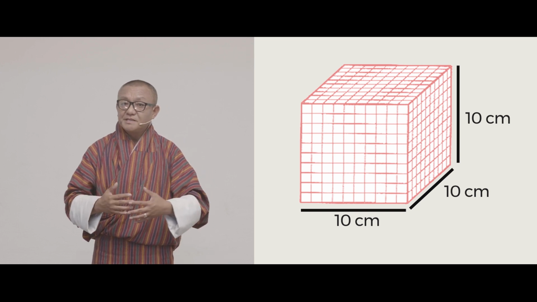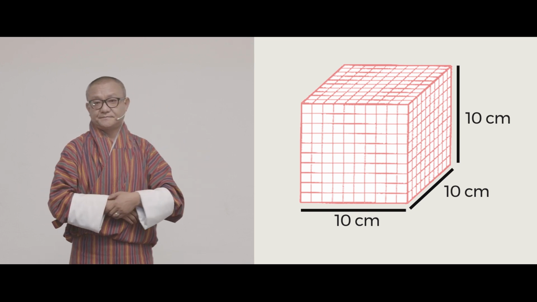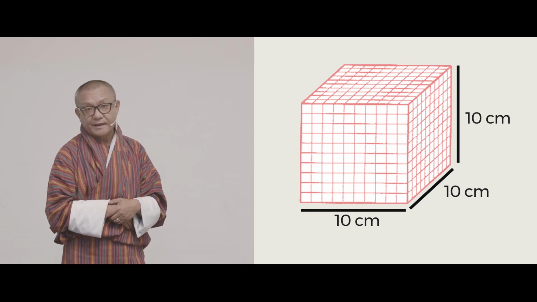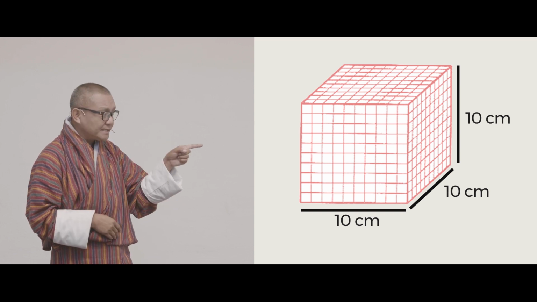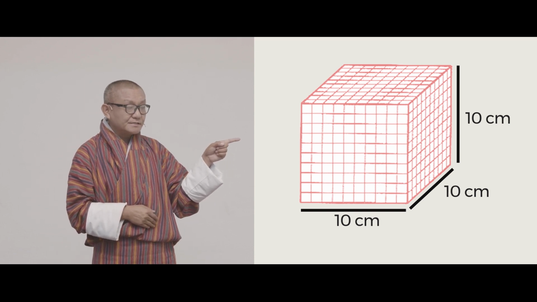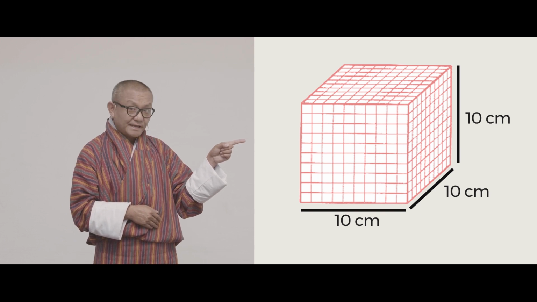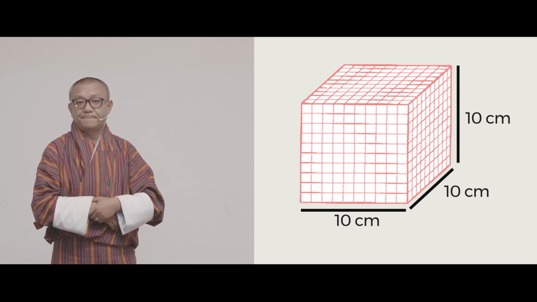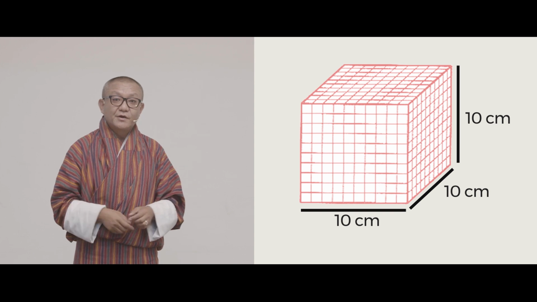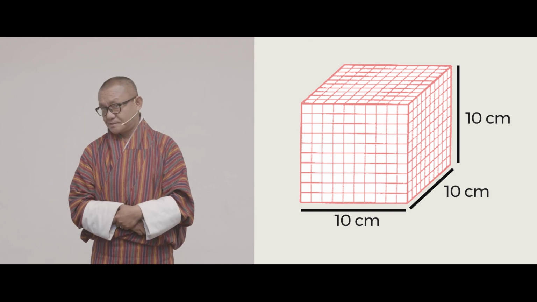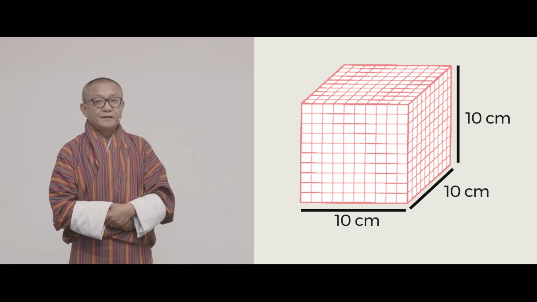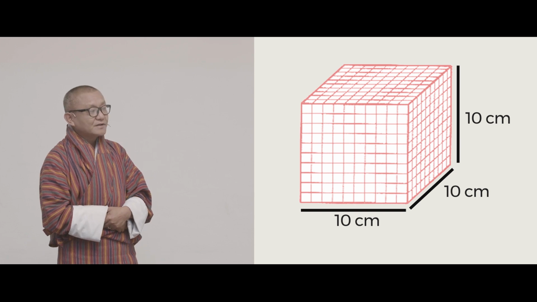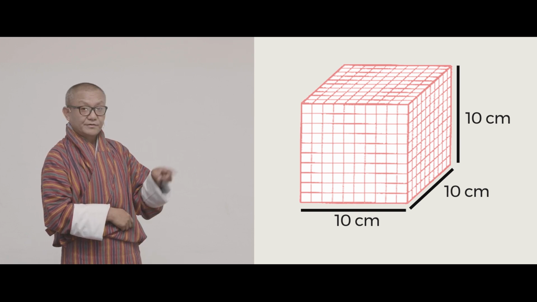Now, to measure the volume of this structure, firstly, look at the base layer of this structure. At the base, you can see 10 cubes as the length and then 10 on the width. So 10 times 10 will give you 100 cubes. Now, look at the structure and count how many layers are there. Can you count?